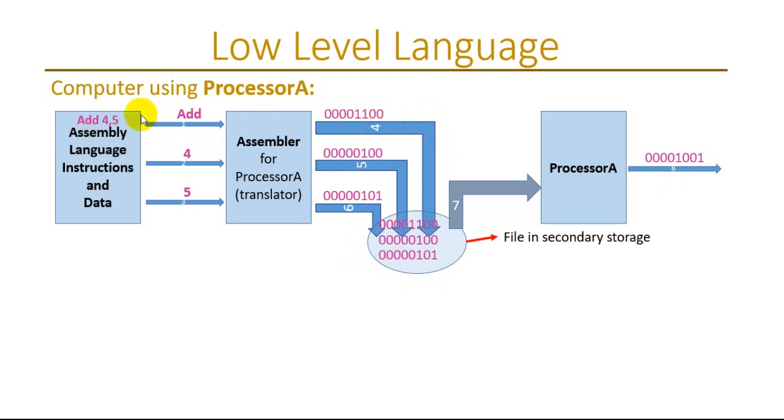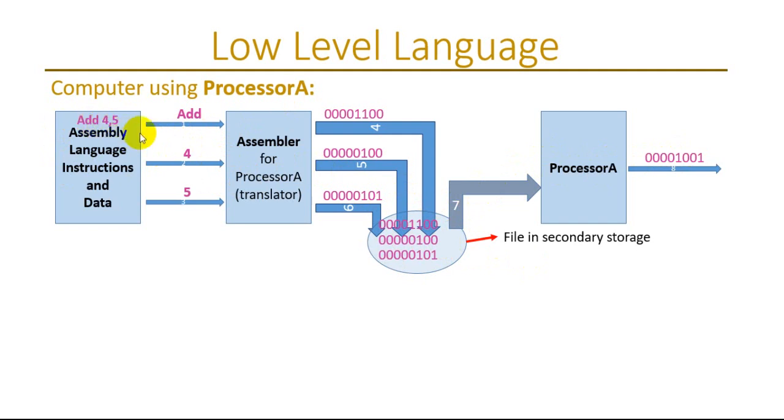If the original source has some change, what you already have is not correct, you want to add 10 and 20, or find 100 and 150, a different number, then every time you want to make a change here, you have to change it here and assemble it. The assembling process will produce the correct relevant version, and after that you can just keep giving that to the processor to get the output. You don't have to do this. The only time you have to do it is whenever this is changing.